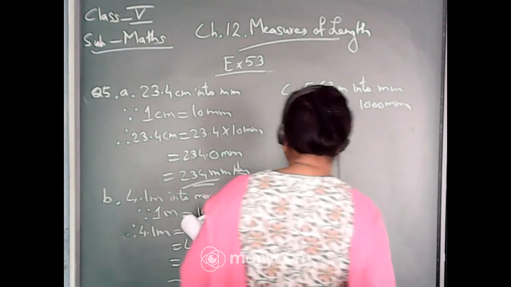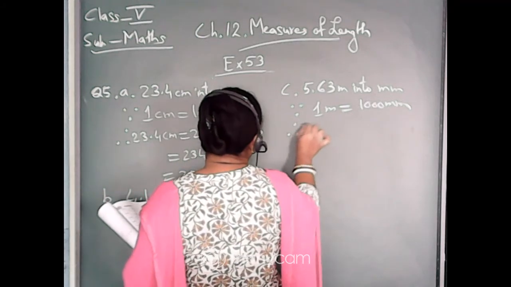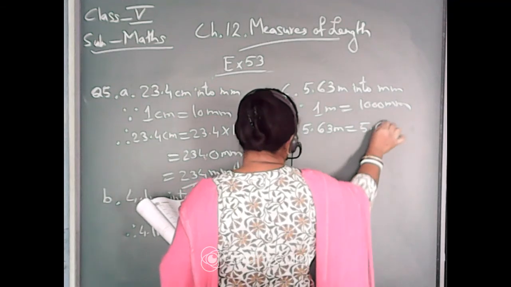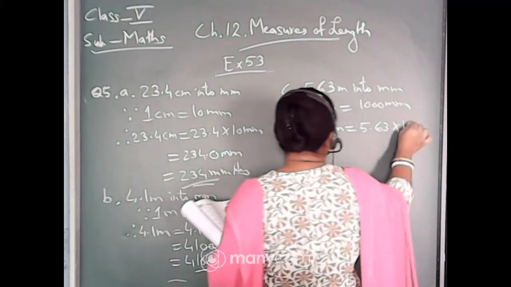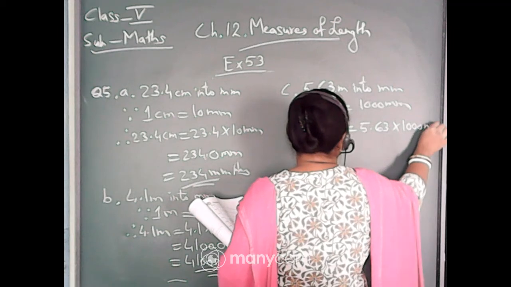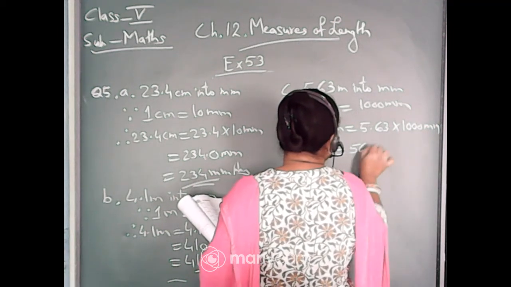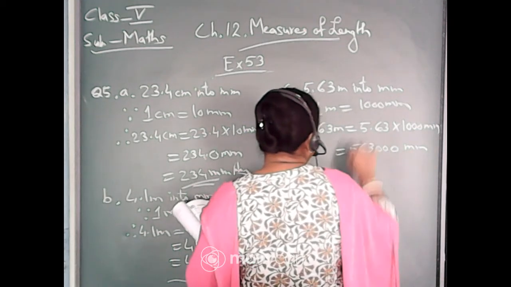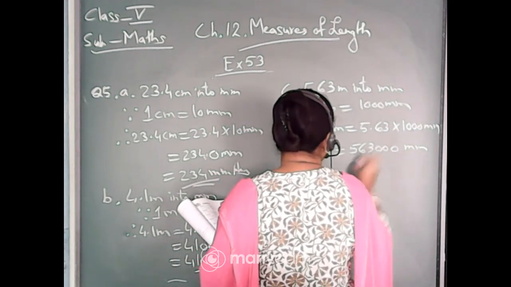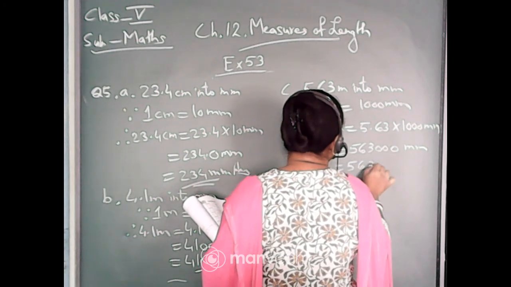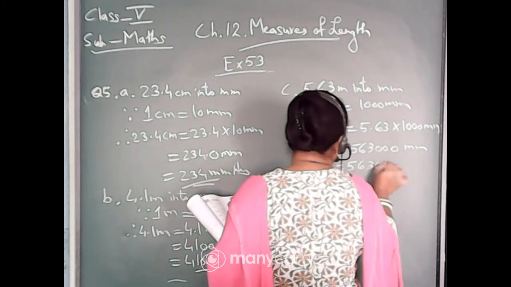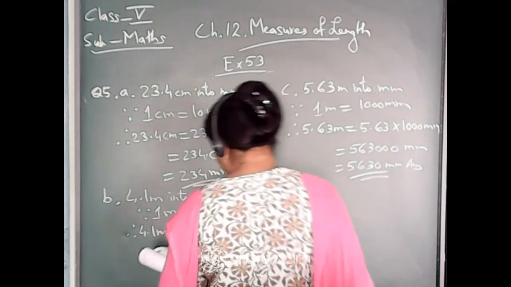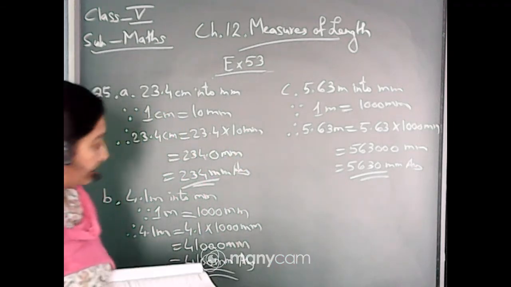Therefore 5.63 meter is equal to 5.63 into 1000 millimeter. That is 563 and 3 zeros. So after the 2 digits there is the point. So this means 5630 millimeter is the answer.